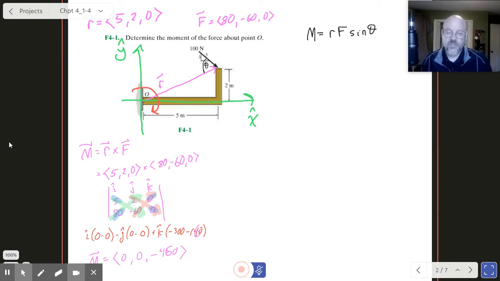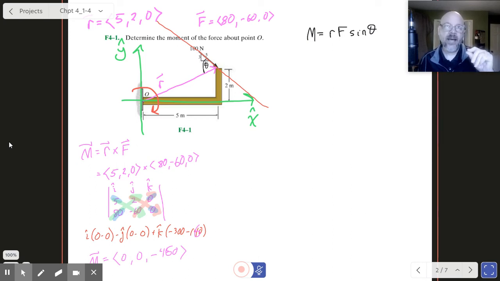The one thing I do want to talk about with this is I need to introduce for you an idea called the line of action. So our force, anytime we've got a force, it's going to act in a particular direction at a particular point in space. Okay.